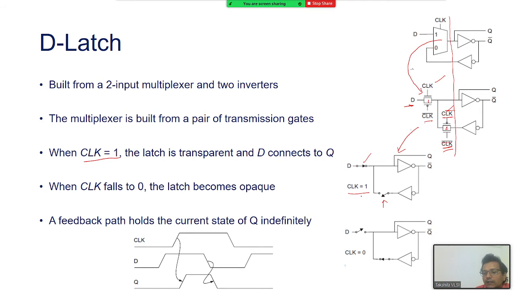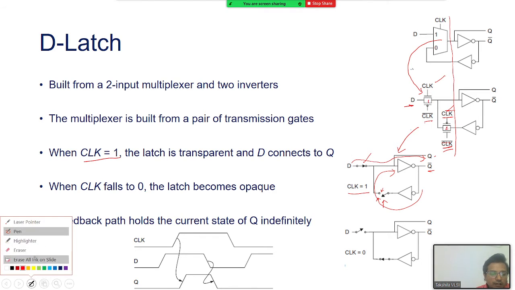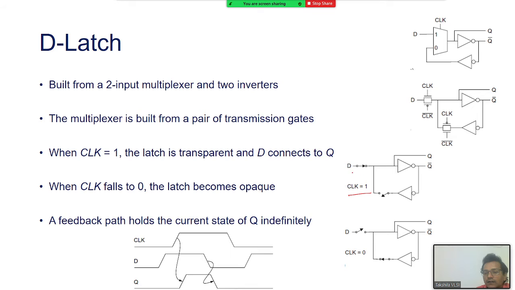It means when the clock is 1, because of the switching, data D goes to Q, right? And this switch is open. So whatever Q bar would be, the complement of Q, it cannot go back here because the switch is open. Very simple to understand. So when the clock is 1, D is transferred to Q. We say the latch is transparent and D connects to Q.